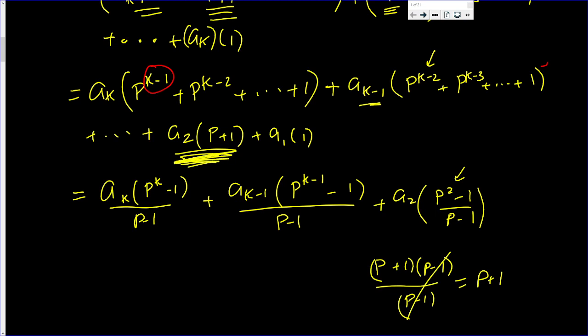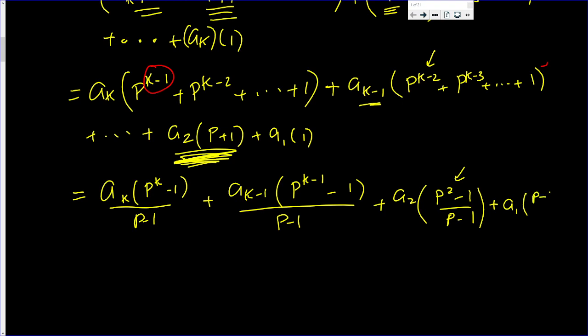Exactly what a sub 2 should be multiplied by. And then we get plus a sub 1. Now, times p minus 1 over p minus 1.